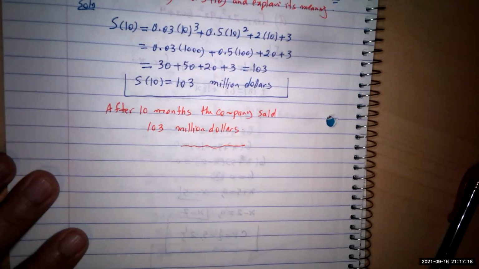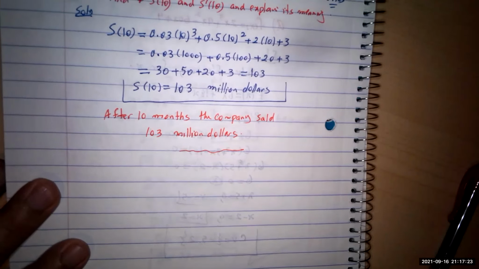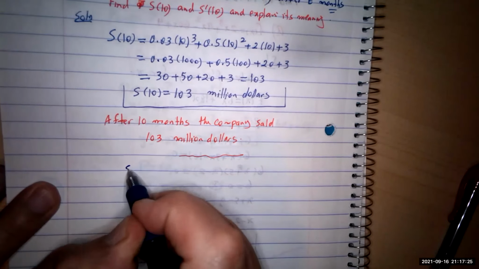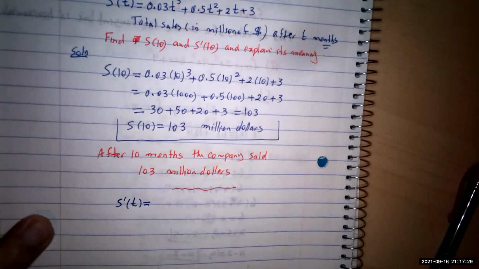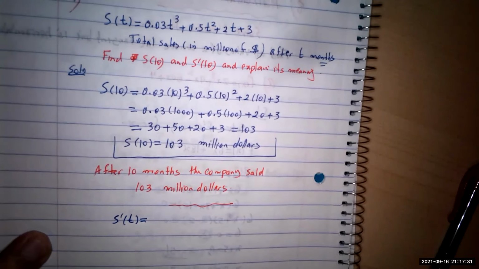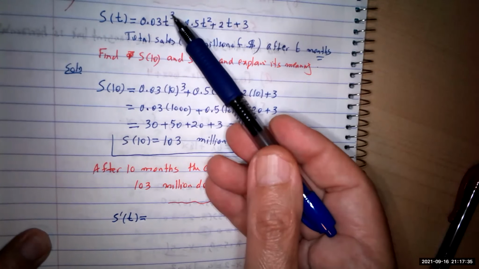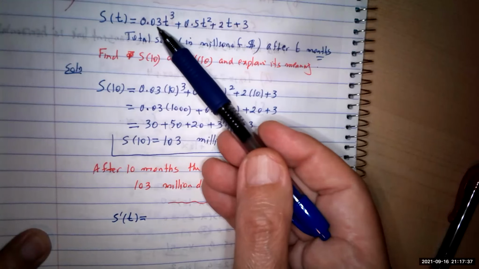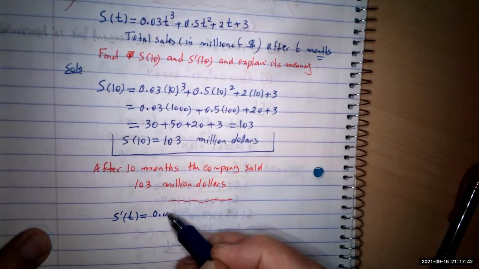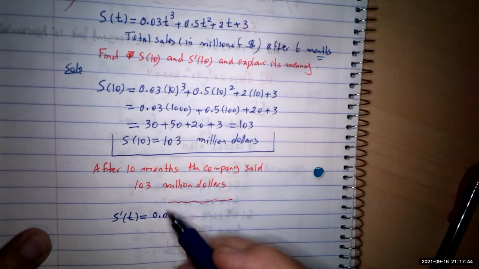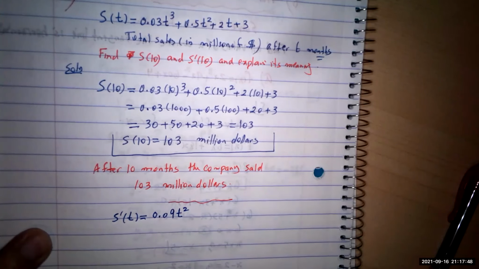Now the derivative, S prime, is going to be an estimate. You have to find S prime of t carefully. Exponent times coefficient. 3 times 0.03 gives 0.09 t squared, the derivative of the first part.